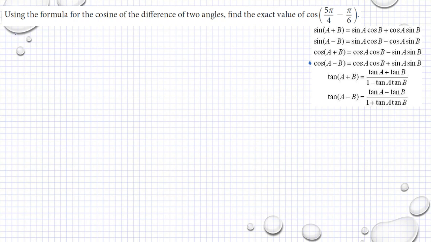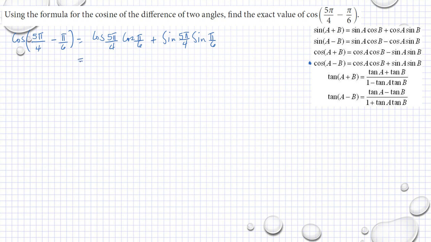So we have cosine of 5 pi over 4 minus pi over 6 is equal to cosine 5 pi over 4 cosine pi over 6 plus sine 5 pi over 4 sine pi over 6.